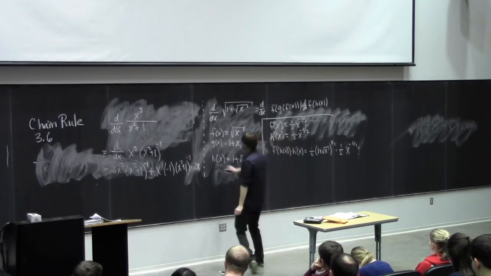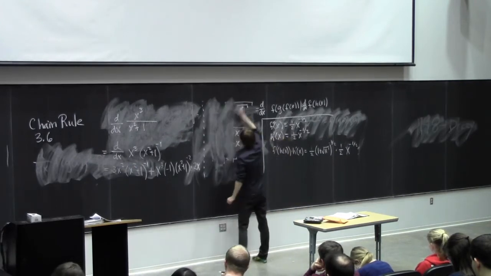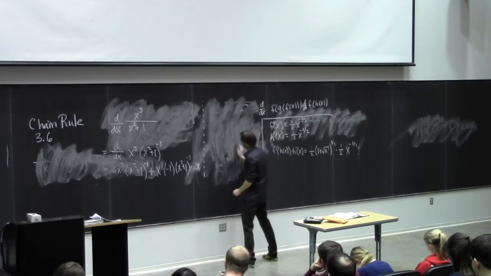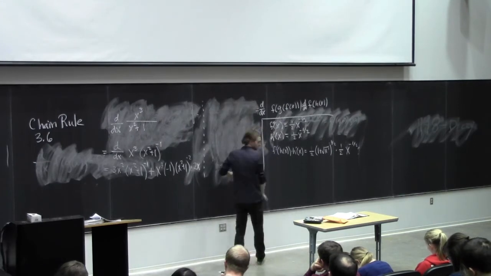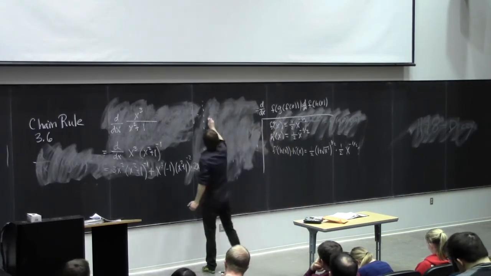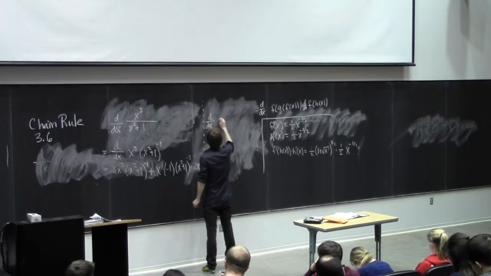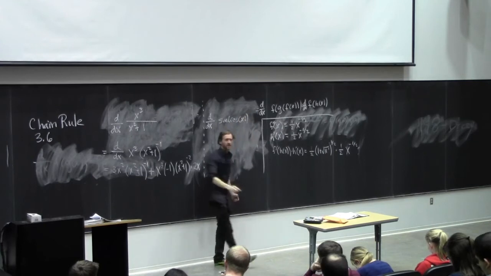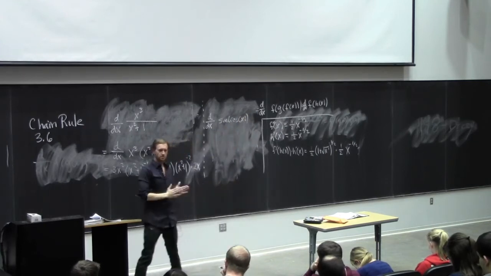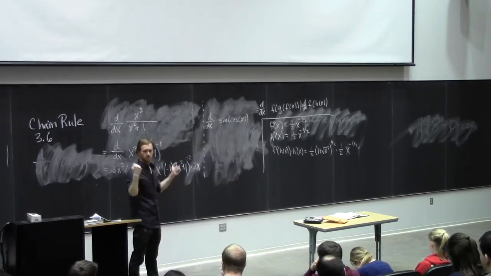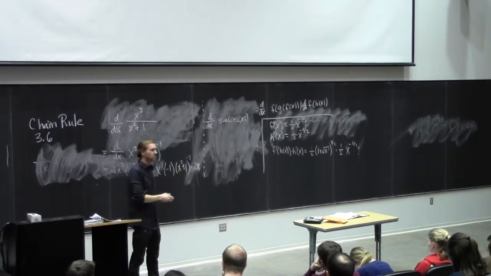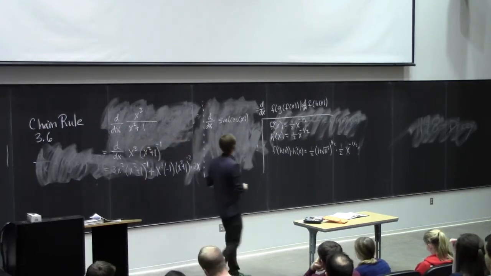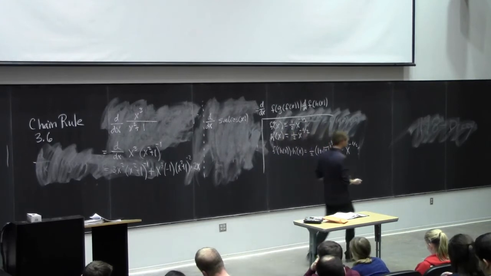So where you really need the chain rule is with square roots, because you don't know how to expand those out. But of course, what if I had something like this? d over dx of sine of cosine of x. This is like our prototypical chain rule example.